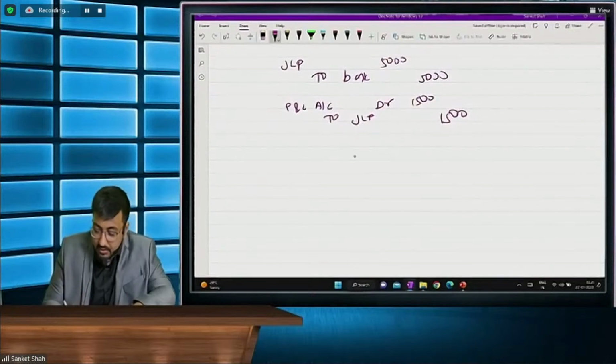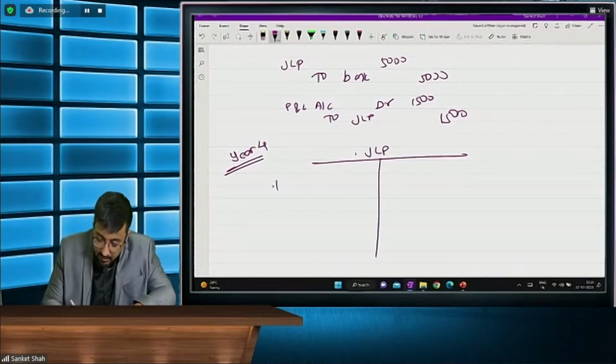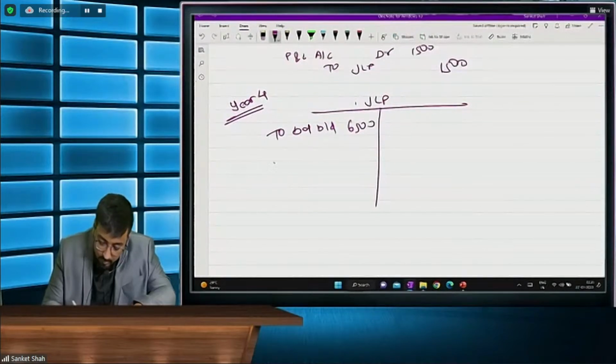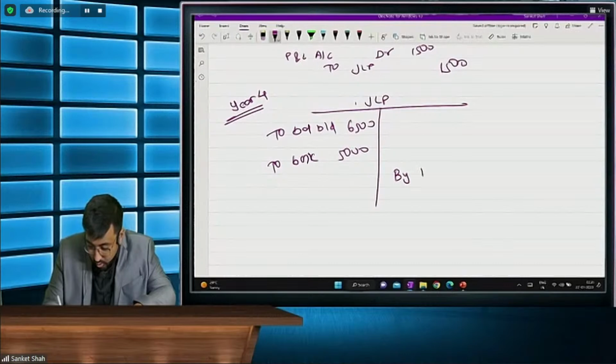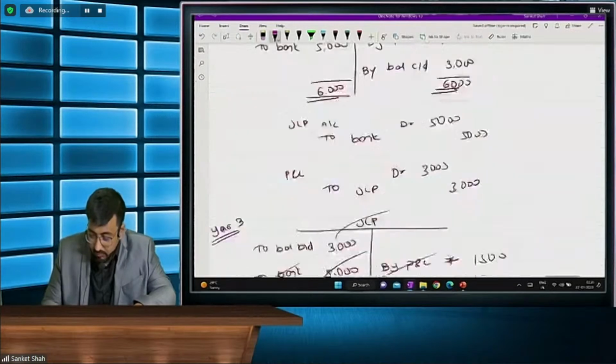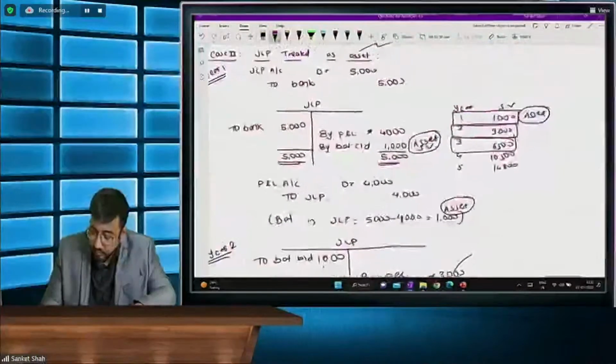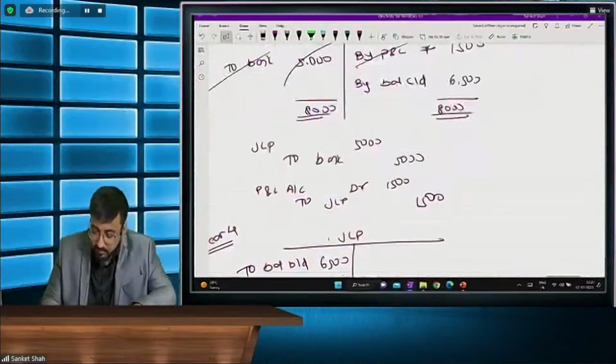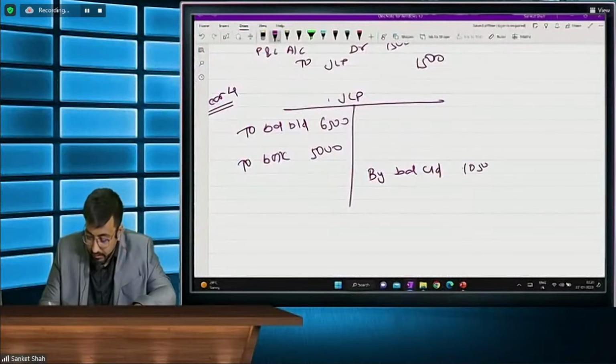Let's take one more year. Year 4, JLP. To balance brought down from year 3, 6,500. You paid to bank 5,000. So by balance carried down, write down, 10,500.